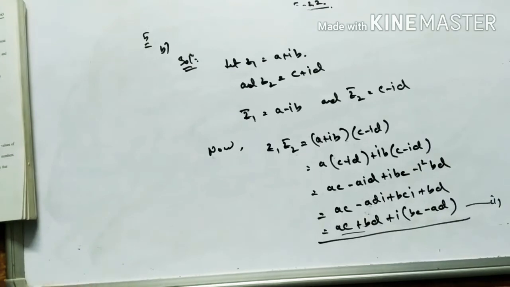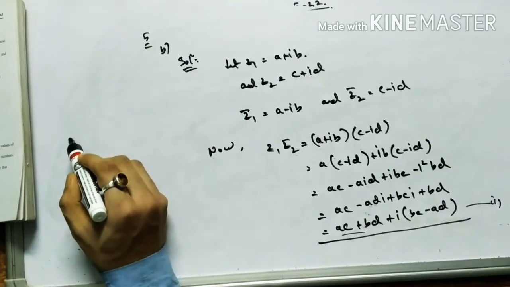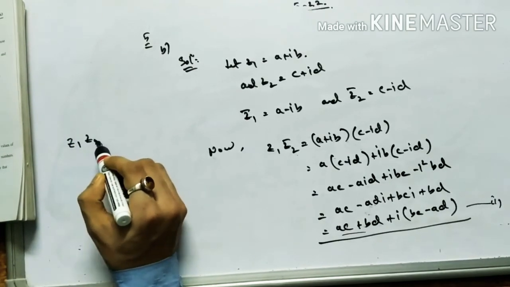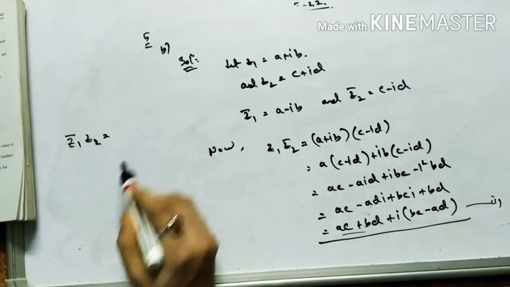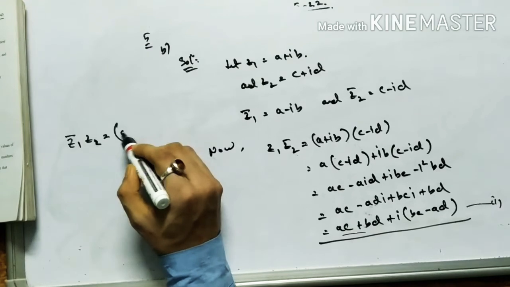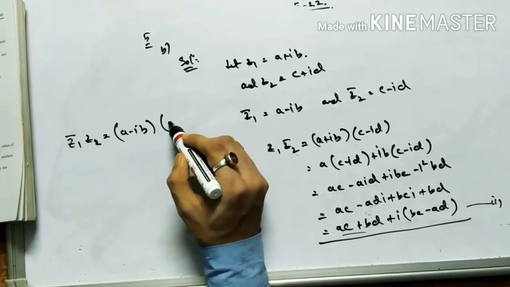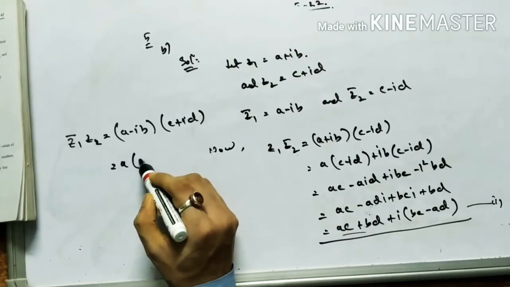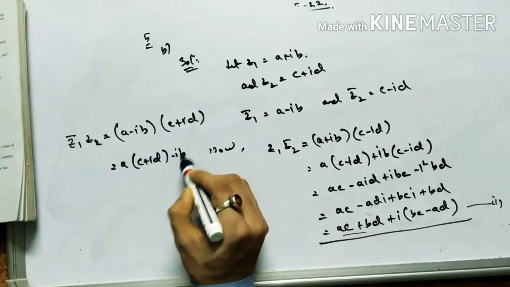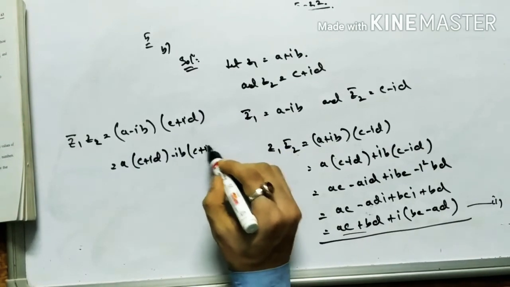Now next I will do Z1 bar into Z2, which is (a minus ib) and Z2 is (c plus id). Let's multiply it: a(c plus id) minus ib(c plus id).